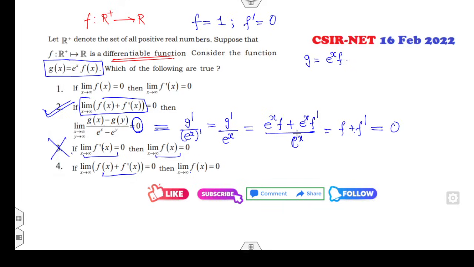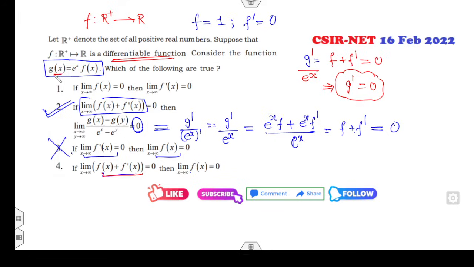Fine. From this case, g dash divided by e^x is equal to f plus f dash. Now whenever f plus f dash is 0, that implies g dash will be 0.